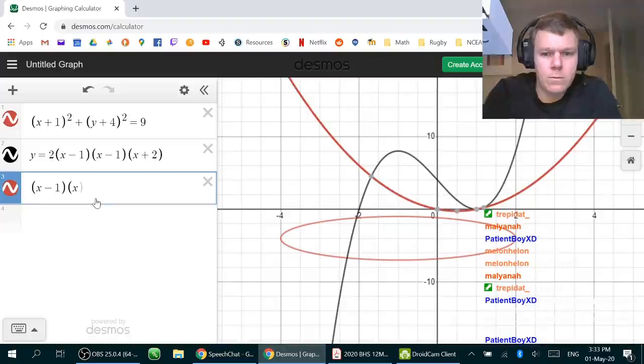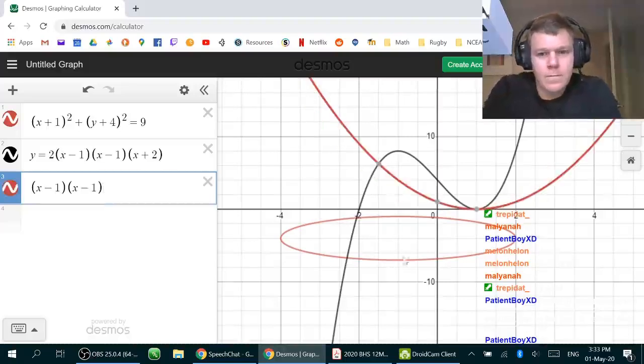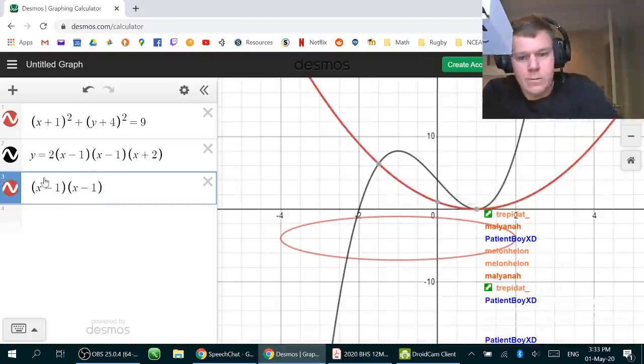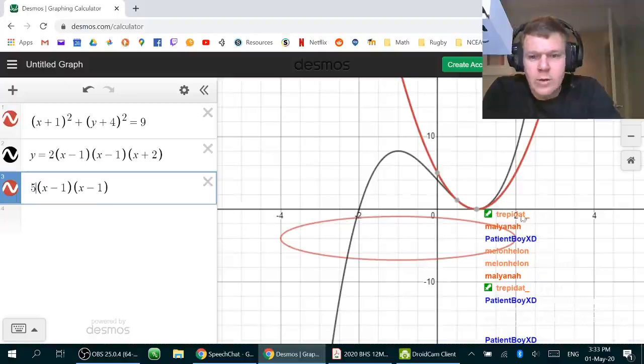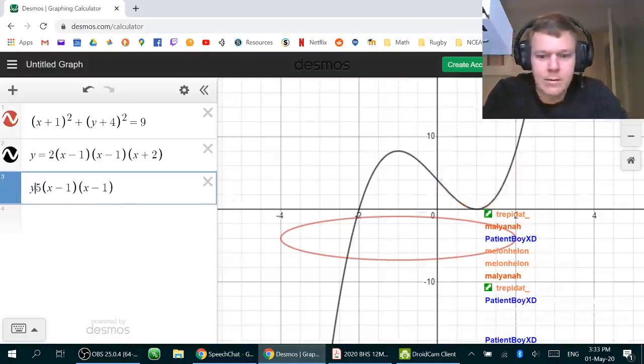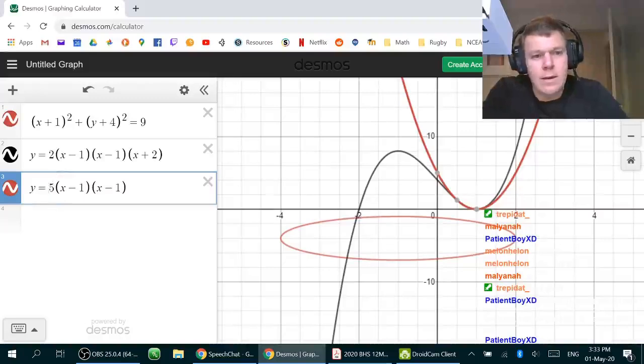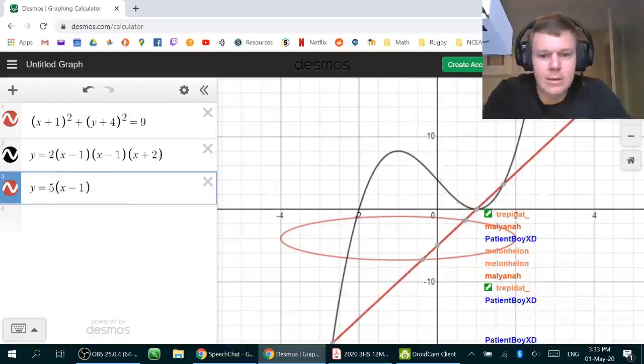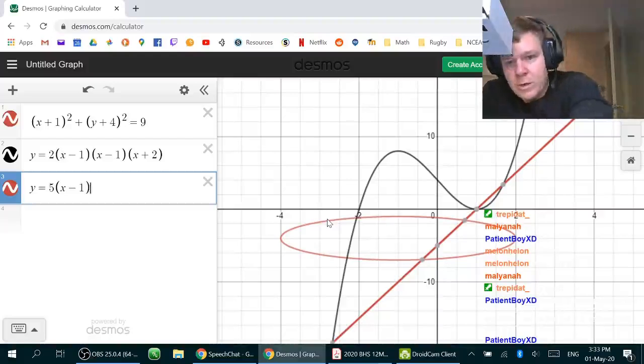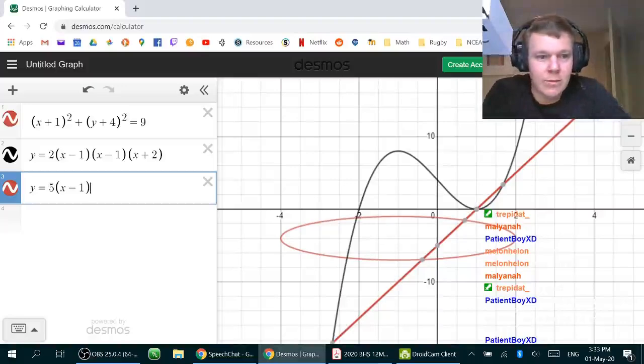Oops, we'll make it a steep one, 5. So when you get parabolas that have double ups, this is essentially the same as that. It's interesting that it also goes through that same point with this equation in a bracket.